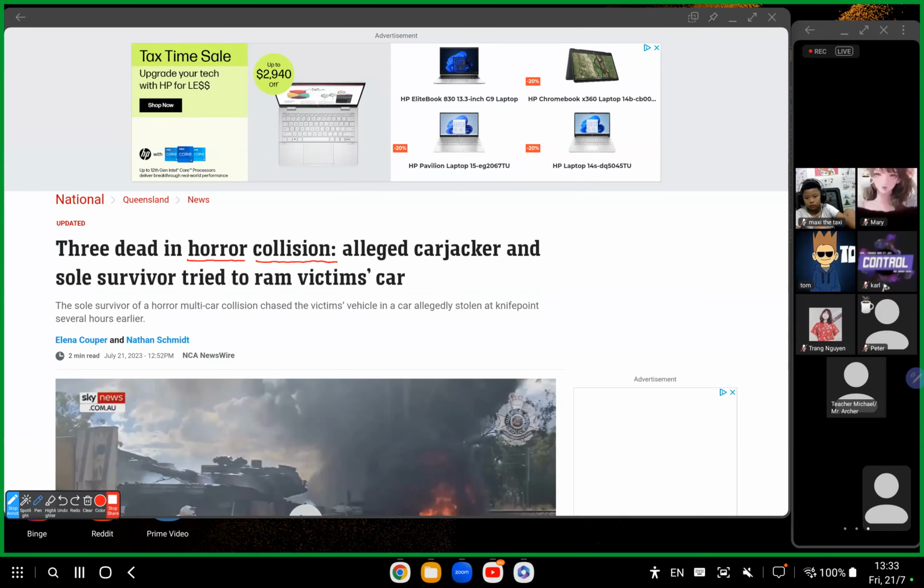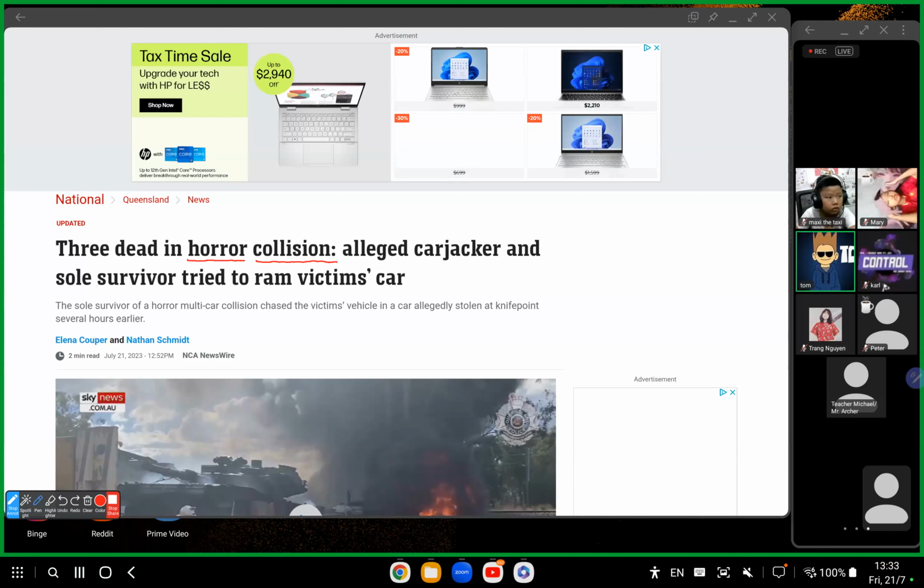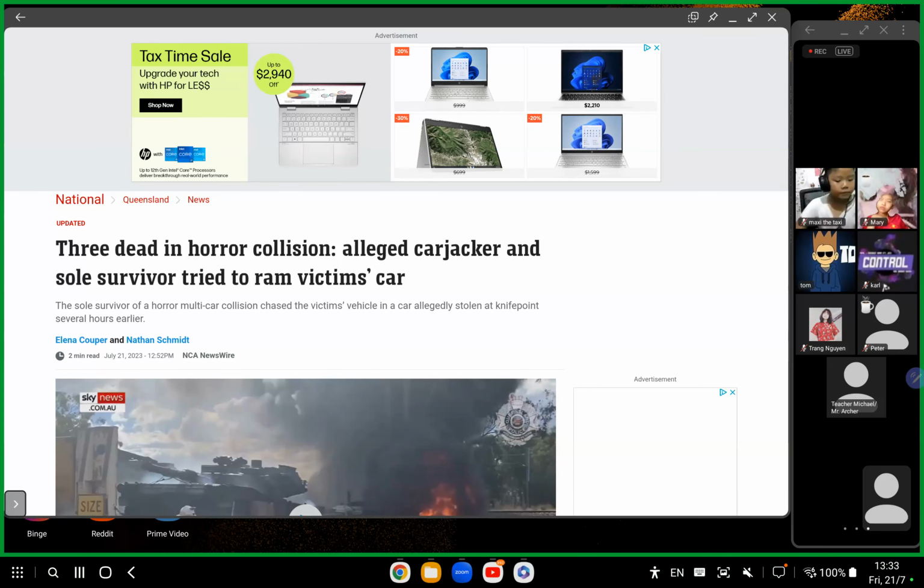But by saying horror collision, they're adding another level of power in the description by saying it was a horrible collision. Scariness. Exactly. They're making it seem more scary. Good. I mean, undoubtedly, this looks like it was a horrible accident, but the reporters will use words like that to try and get you to feel things.